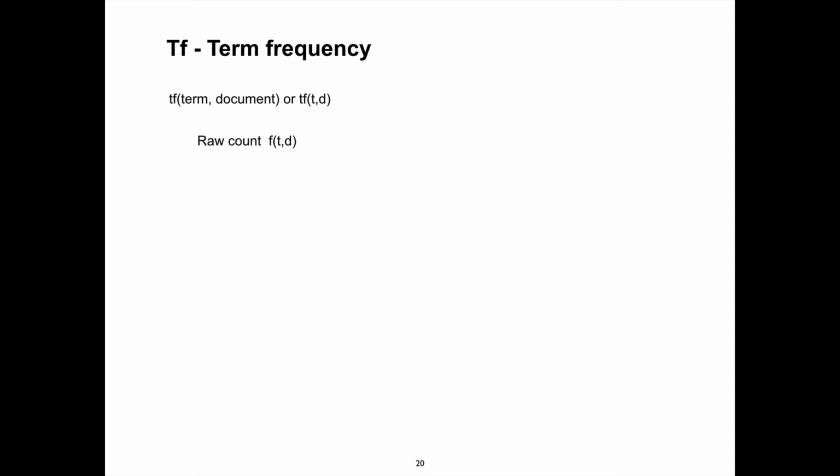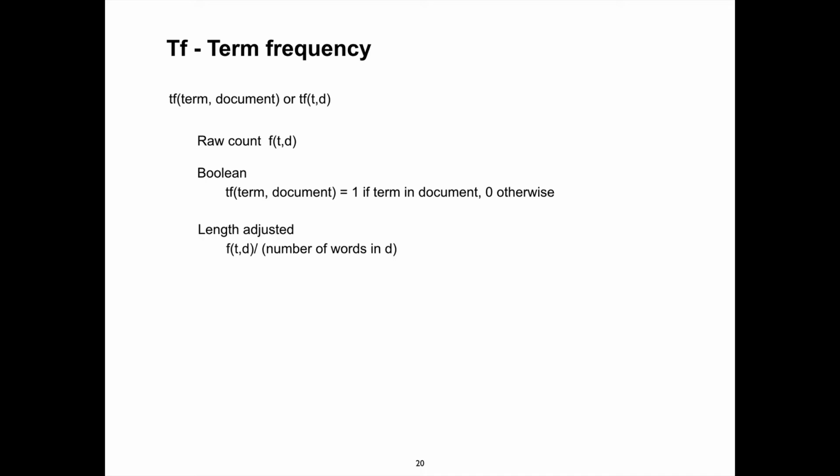There are lots of ways of doing this. One is just raw count. How many times does that term appear in a document? Straightforward. Boolean, it's either 0 or 1. It's in there or not in there. Length adjusted is just the raw count divided by the total number of words in the document.